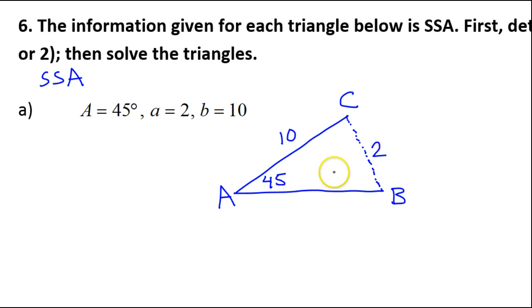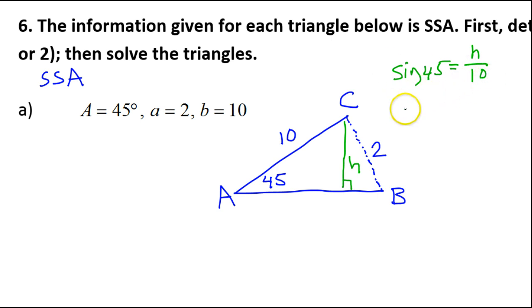All right, the first thing I have to do is find out whether or not this will make a triangle at all. The way I do that is by calculating the height of the triangle. Call it H. I can find the height by doing the sine of 45. Sine of 45 is opposite over hypotenuse, so that's H over 10.